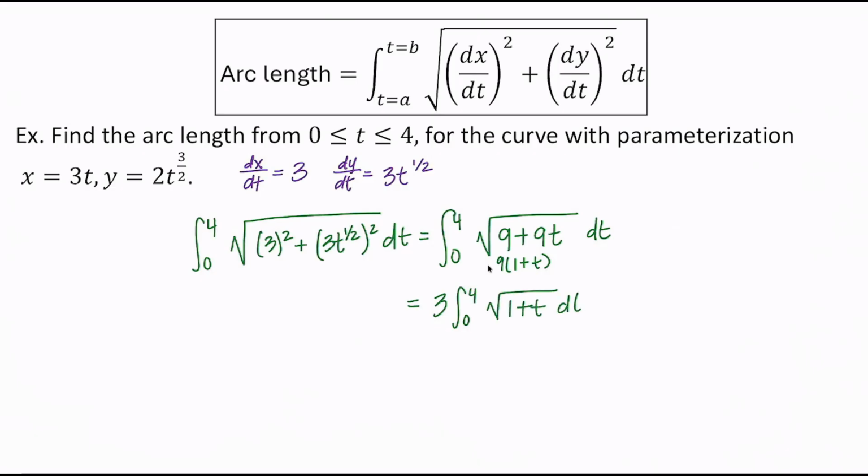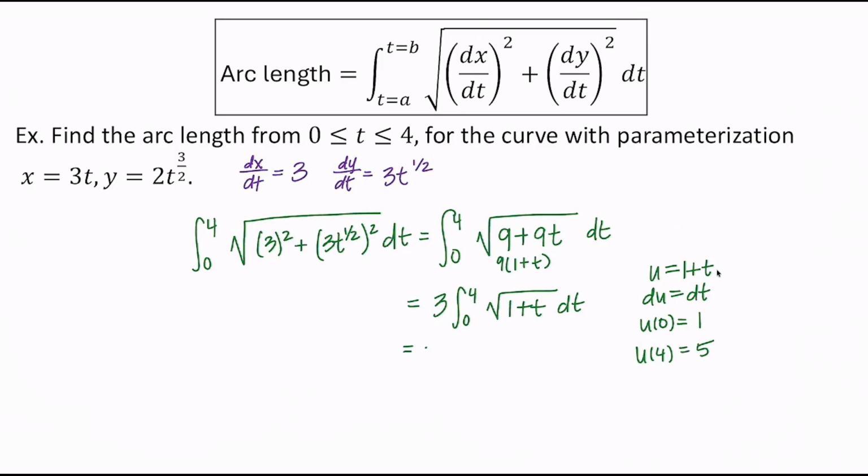So just so it makes a u substitution a little bit nicer to work with, I can let u be 1 plus t, du is then dt. I'm going to change my limits of integration over to u's. So u of 0, well, that's just 1, 1 plus 0. And then u of 4, 1 plus 4 is 5.